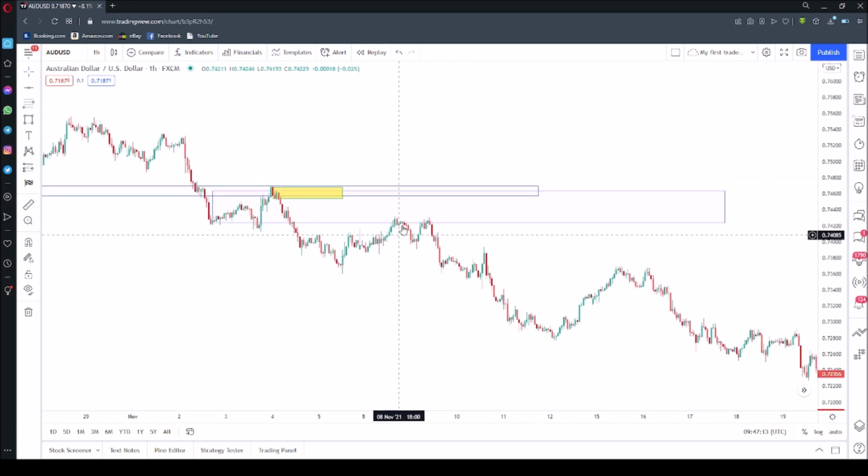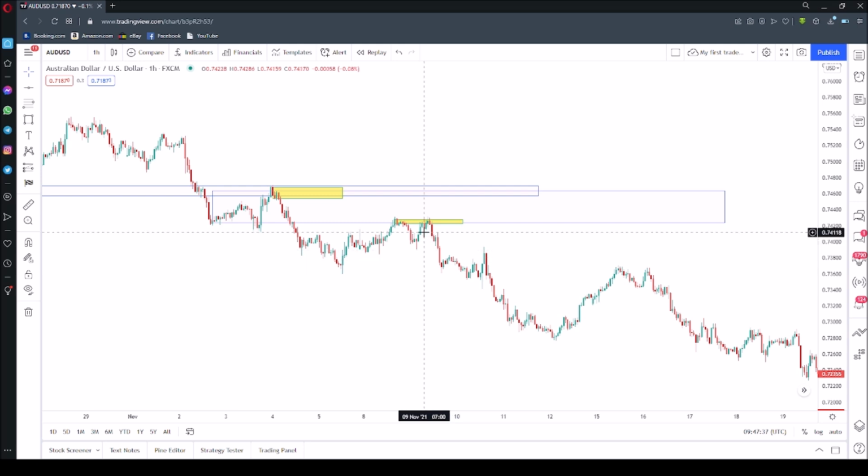After going down, we had another H4 order block, and within that H4 order block, we now anticipated to see an H1 order block, and this was the last green candle going up. So in this case, what we were now waiting for was to see the market come back to retest that H1 order block and give us rejection.